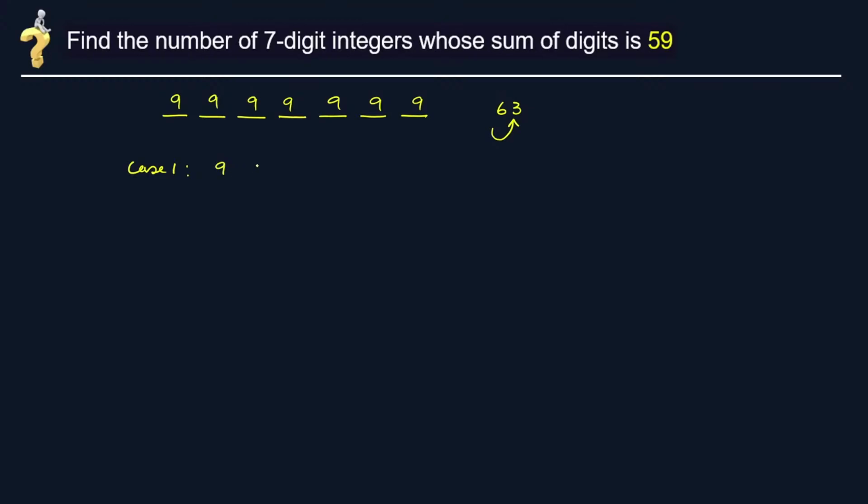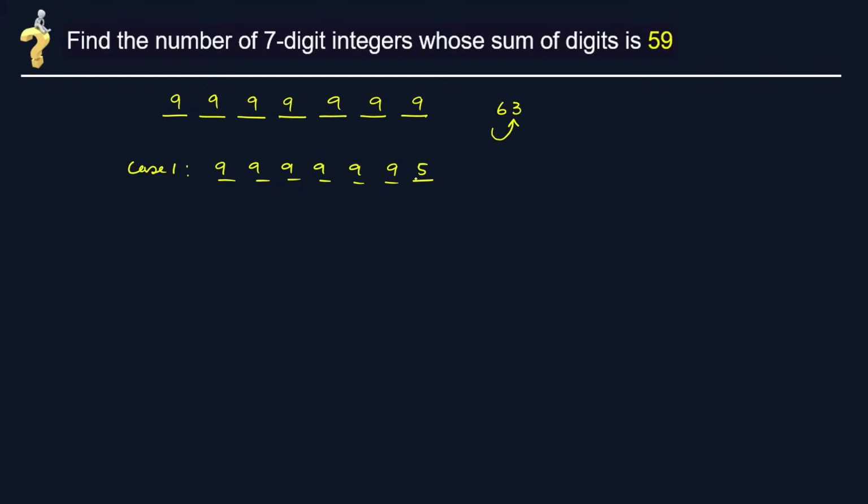Let me say all 6 digits are 9. So what will be the 7th digit? 9 sixes are 54, so we are left with the digit 5. Let me place 5 in this place. Yes or no?